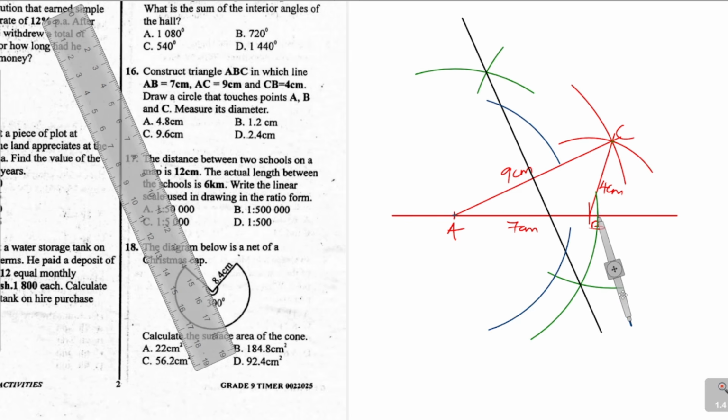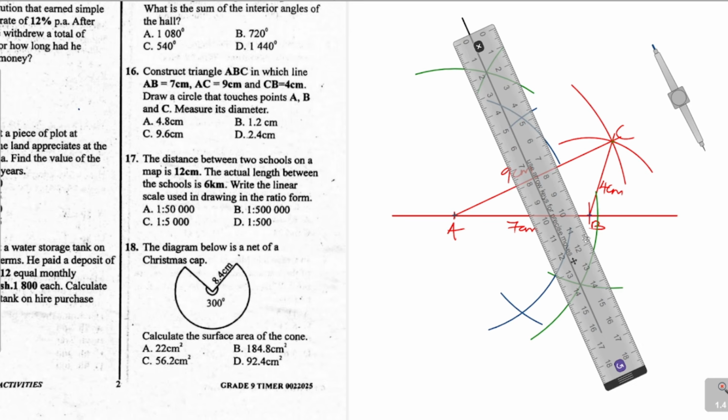Then with the same radius, stand at B, and you cut that arc, and you cut the other arc, like that. Then join the two points of intersection of those arcs.